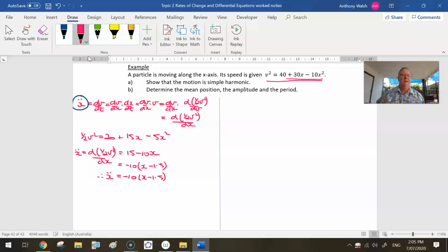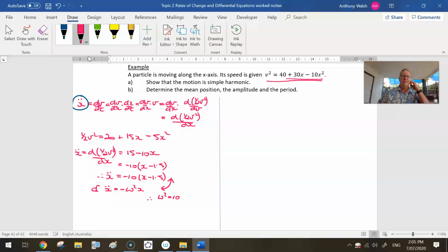Now if you compare acceleration in terms of simple harmonic motion, which is acceleration equal to negative omega squared x, then these two compare pretty well. That means that omega squared is equal to 10.